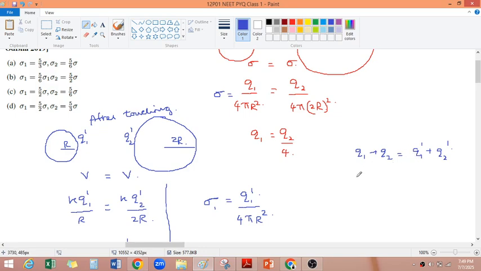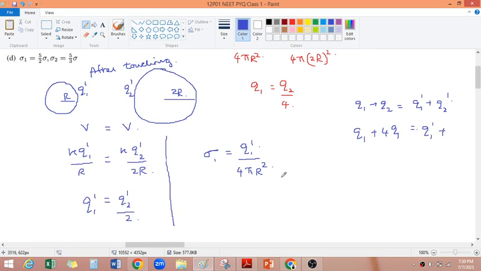So Q1 plus Q2 can be replaced with 5Q1, since Q2 is 4 times Q1, and Q1 dash plus Q2 dash can be replaced with 3Q1 dash, since Q2 dash is 2Q1 dash. So I will get 5Q1 is equal to 3Q1 dash. So now I got the idea.